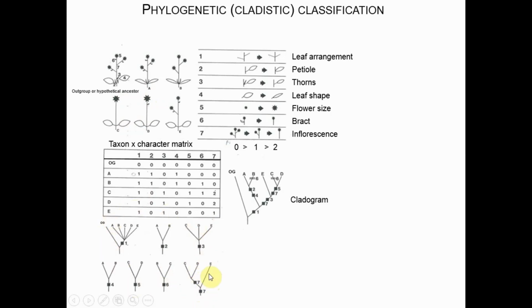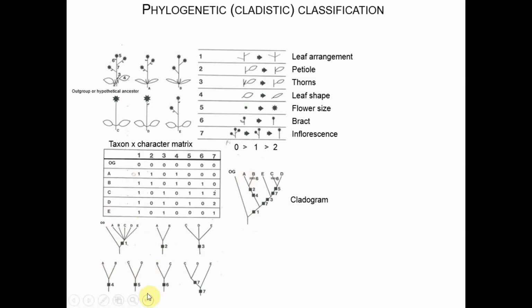Okay, so this process is important, interpreting this into the tree. Now what we try to see is which of the taxa are more similar to each other. So we know that character 1 groups all of them together, A, B, C, D, and E. But we see that A and B share 2 characters with each other.